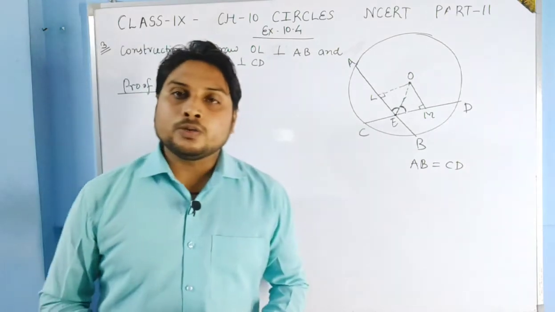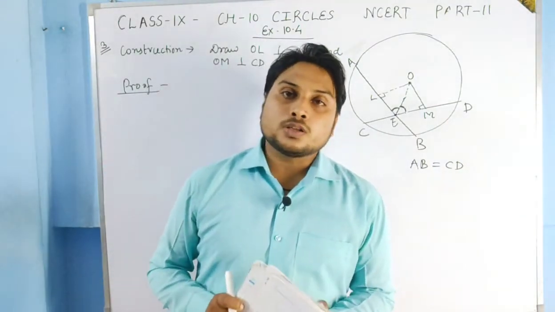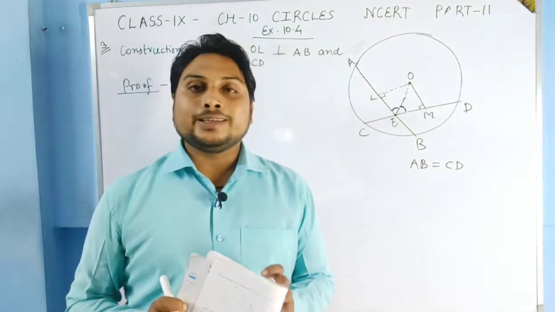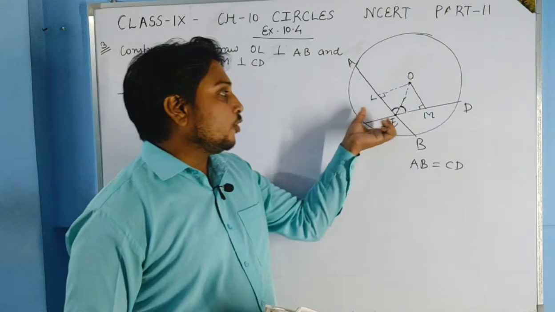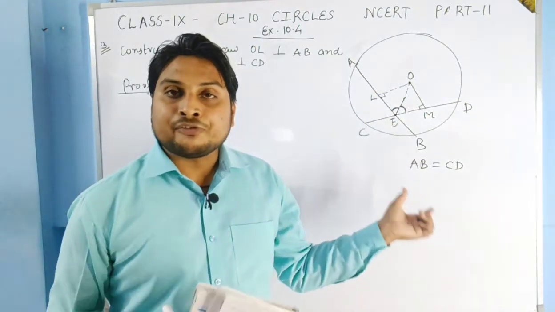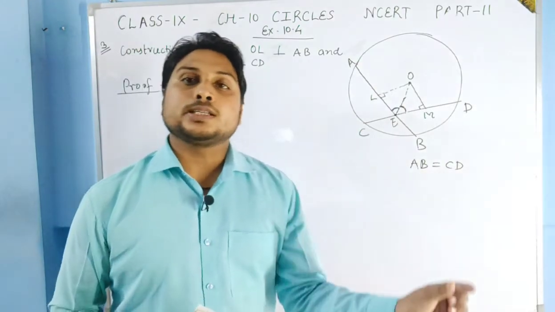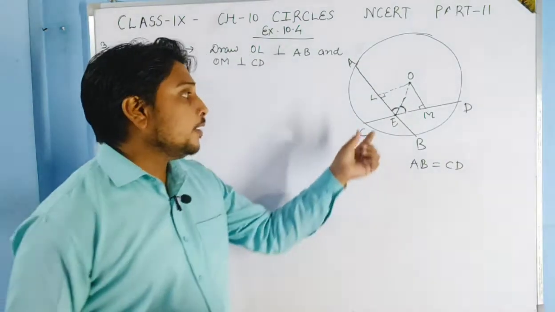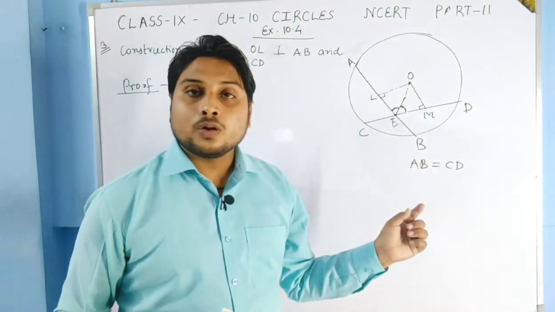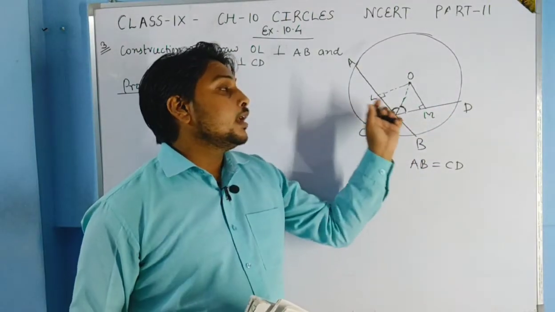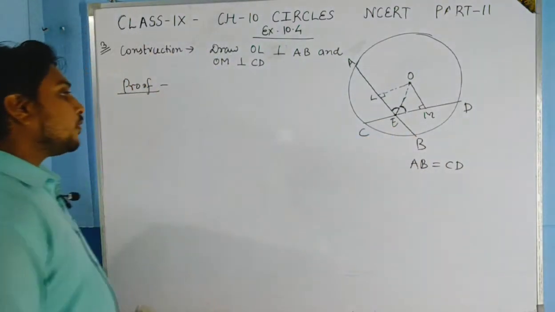This I have taught you as a theorem, that equal chords of a circle are equidistant from the center. Means whatever the chords are there, if they are equal, then they will be at equal distance from the center. So here this chord AB and chord CD are equal, so they will be at equal distance.